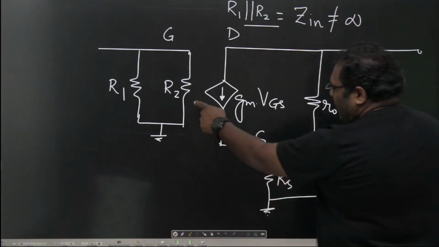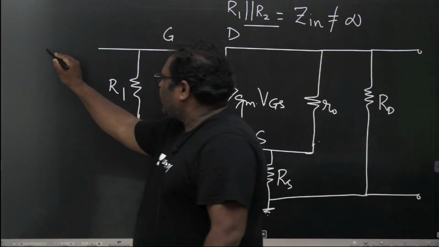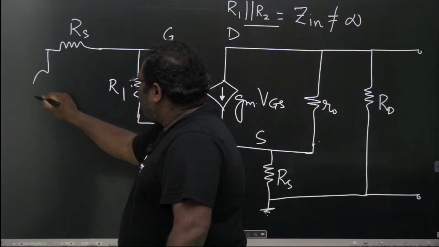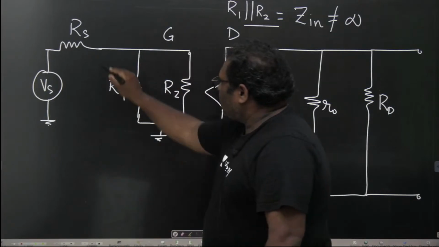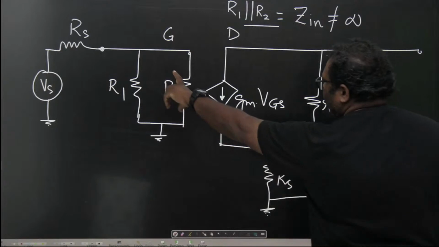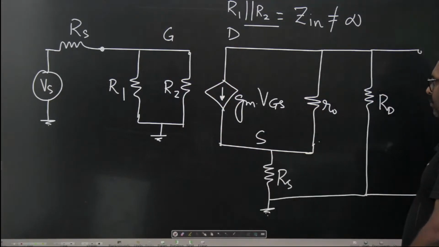So you have to maintain R2 and R1 very, very large, because here comes practically a signal with an RS and a VS, so that the input impedance is R1 parallel to R2, so that the voltage over here controls the current flowing through this. That's how the modeling has to be done.